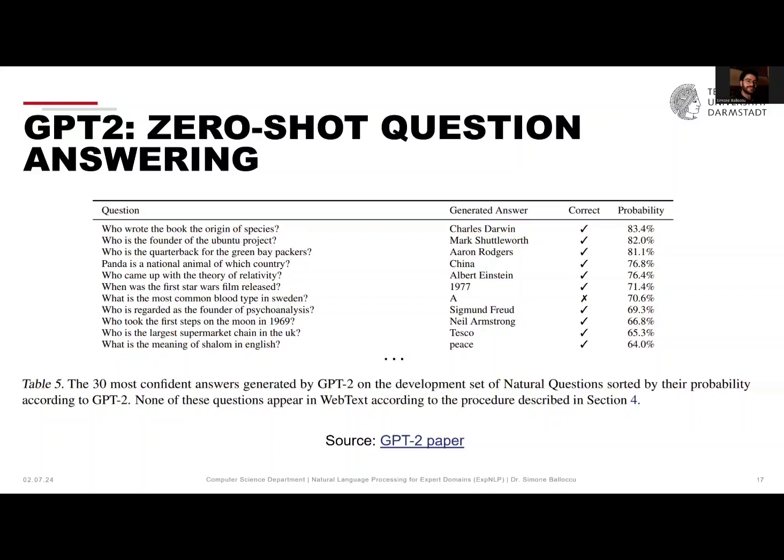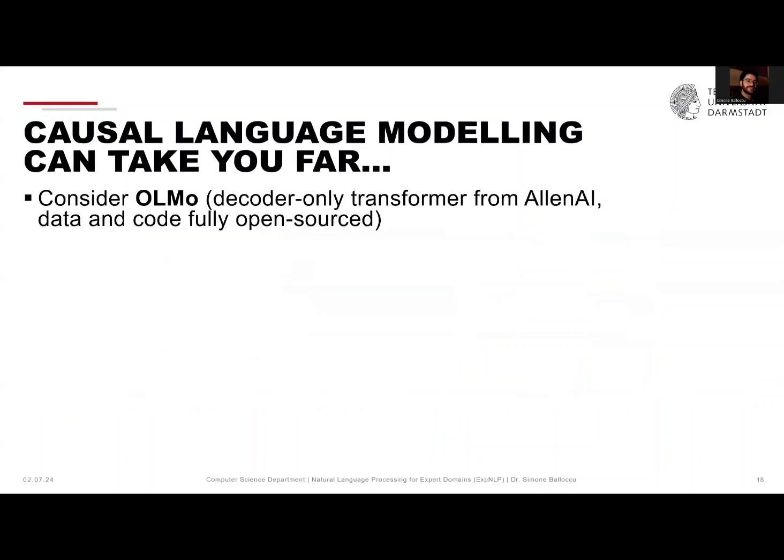For example, it will answer Charles Darwin for who wrote the Origin of Species, or will answer Albert Einstein for who came up with the theory of relativity. Why is this happening? Probably because, while predicting tokens on a huge amount of text, GPT-2 actually saw text in which the tokens Charles Darwin appeared very close to Origin of Species. So it inferred, with a bit of generalization, that these two things were related. And causal language modeling can take you very, very far.